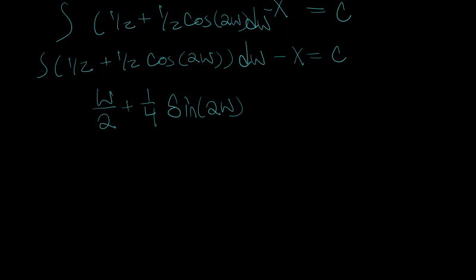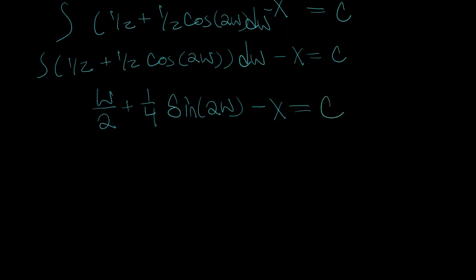So that's how you end up with 1/4 instead of 1/2. Nevertheless, I end up with w over 2 plus 1/4 sine 2w, and I'm subtracting from that x, and it's equal to the constant of integration.